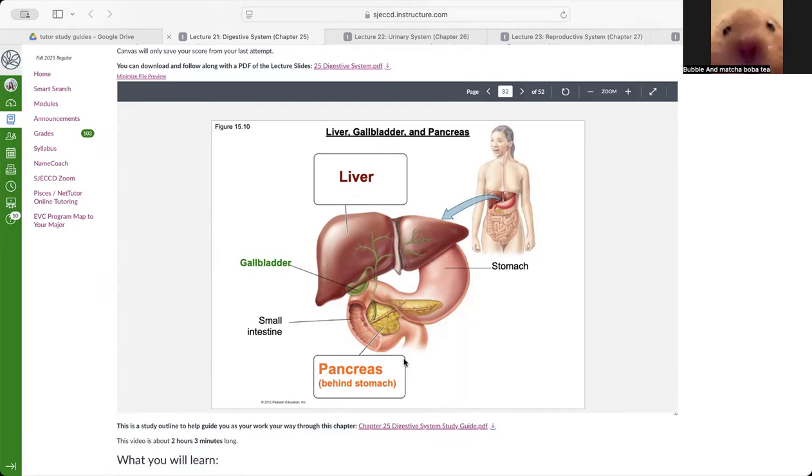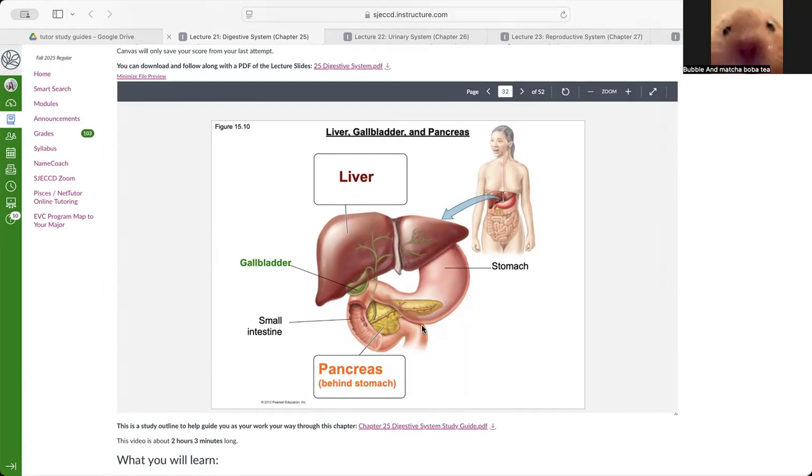Wait, let me find out which one is retroperitoneal really quick. Okay, so kidneys, pancreas, and the small part of the large intestine, the sigmoid colon. The pancreas is right here, behind. That's why it's together. Okay, let's go back to where we were.